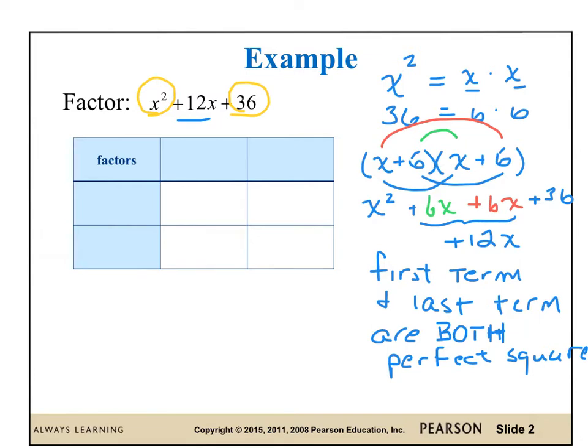Now the hitch comes in when the first term isn't x squared. So again, this method that we've already learned will still work. You don't really need a new method.